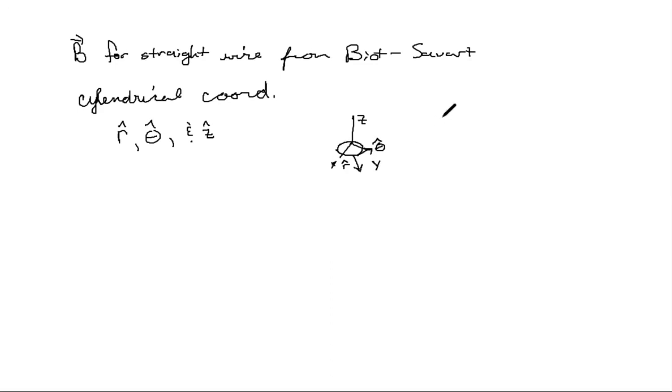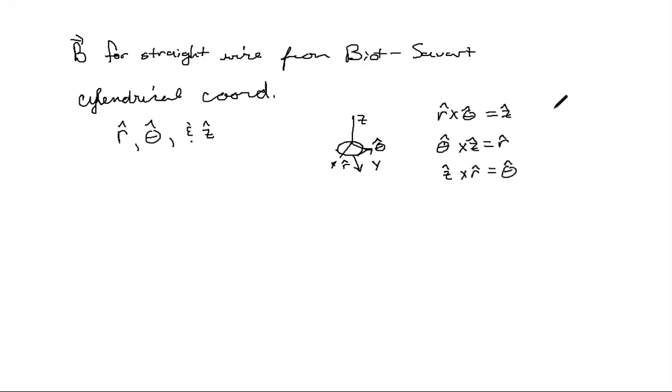Notice then, if you work out r hat cross theta hat, that's going to be z hat. And if you work out theta hat cross z hat, that's going to be r hat. And z hat cross r hat equals theta hat.